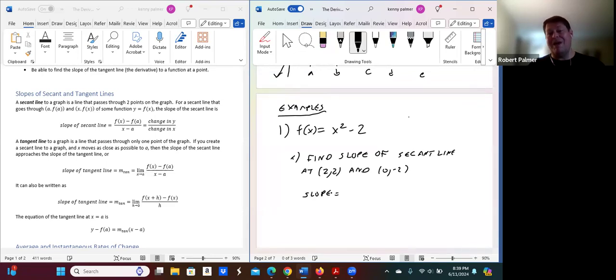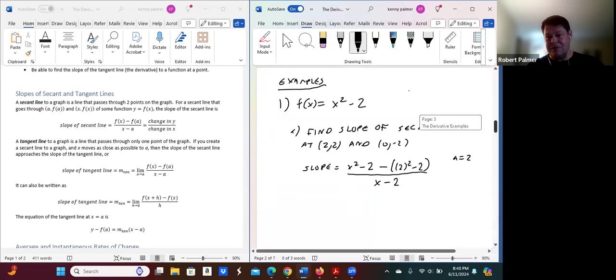here I'm doing it in terms of x, using f of x, is going to be x squared minus 2, minus f of a, so f of 2. f of 2 is found by plugging in 2 for x, 2 squared minus 2, over x minus a, which is x minus 2. Once again, my a is equal to 2.